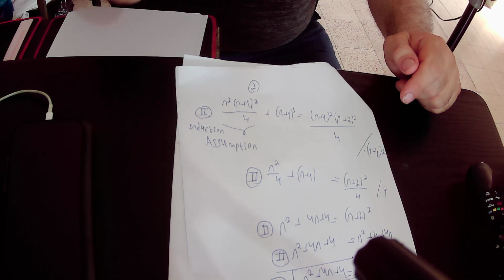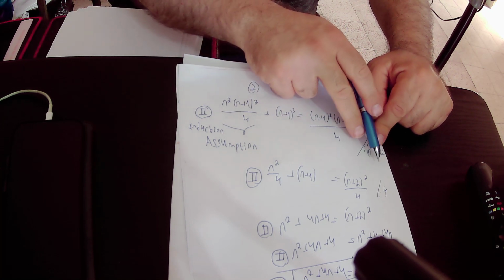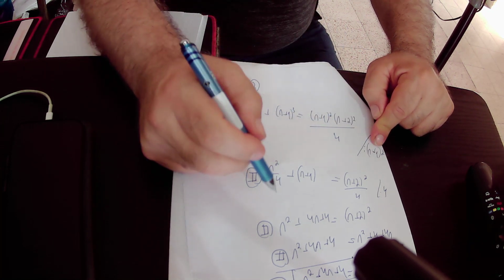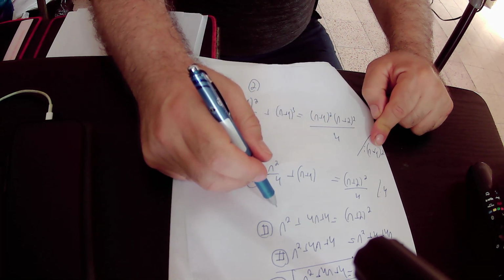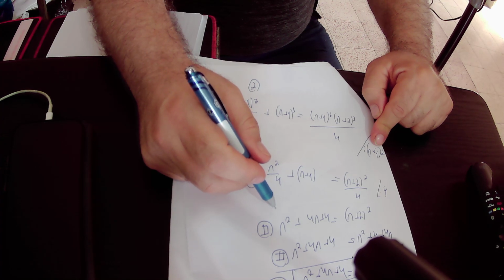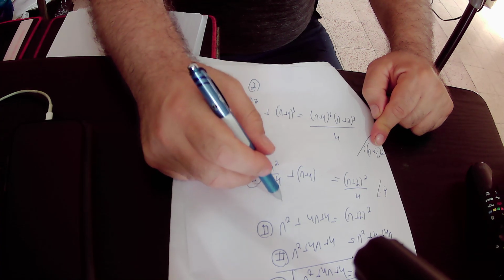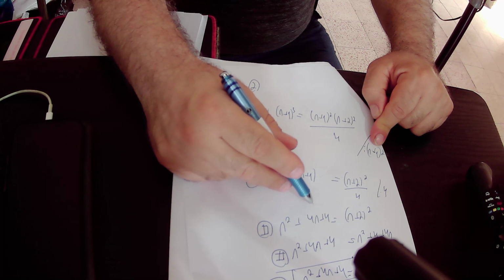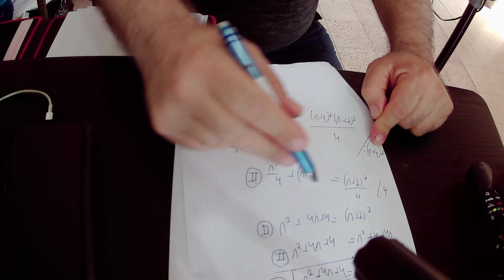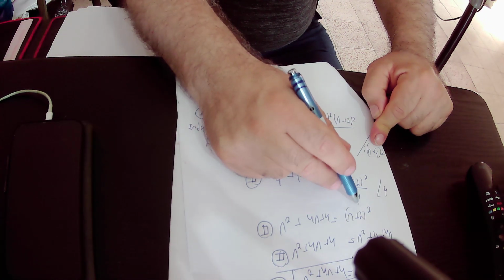So we will multiply both sides of the equation by 4. So it will be n squared plus 4n plus 4 equals n plus 2 squared.